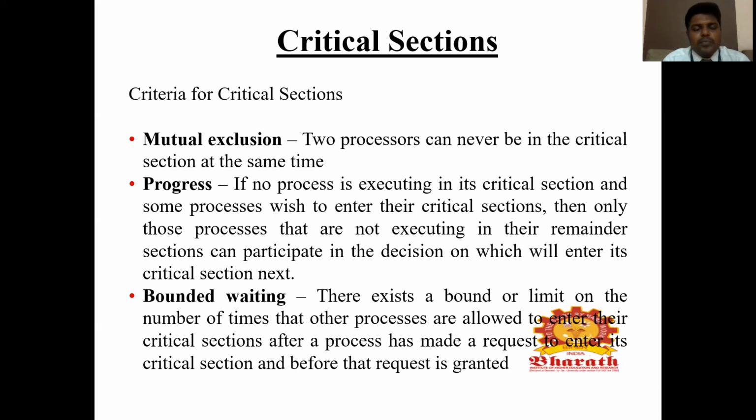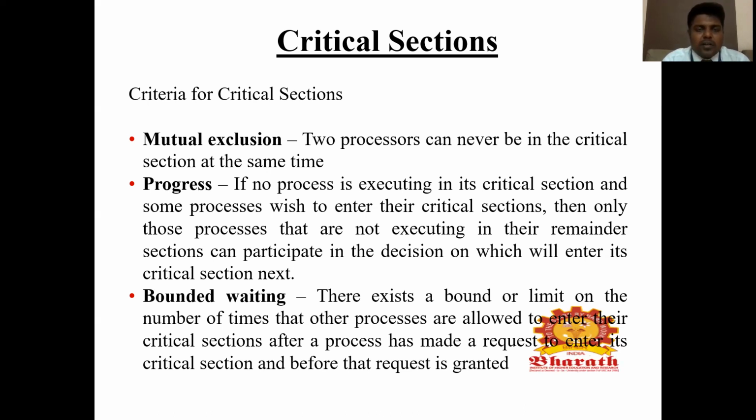Another one is progress. If no process is executing in its critical section and some processes wish to enter the critical section, then only those processes that are not executing in the remainder section can participate in the decision on which will enter its critical section next.